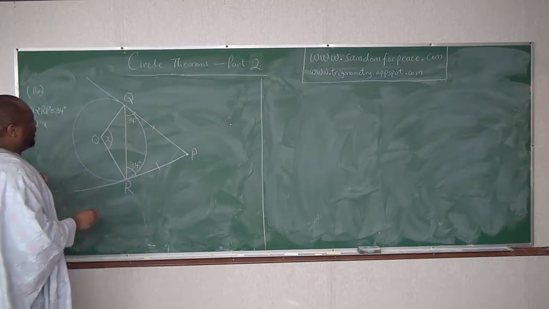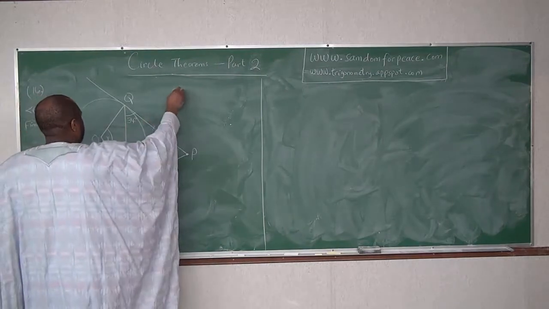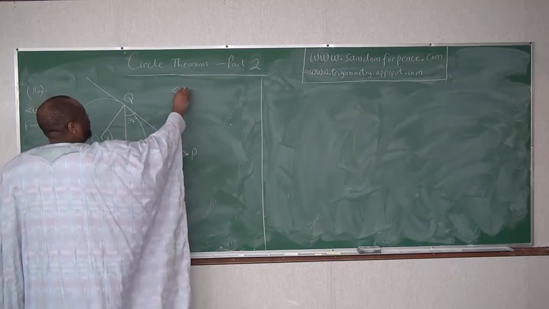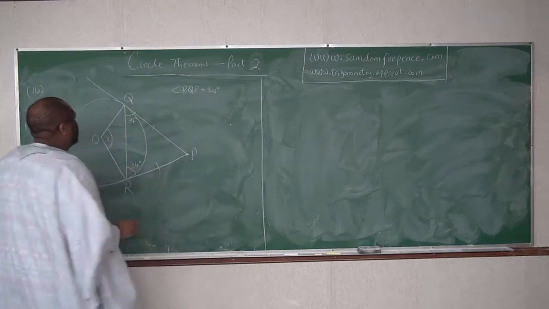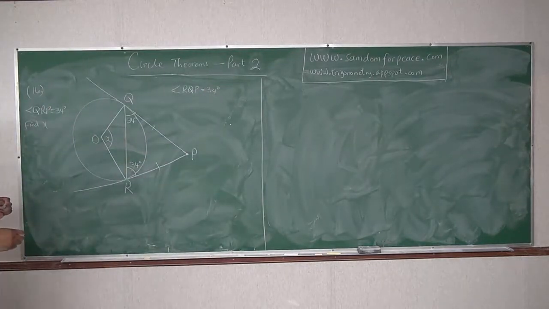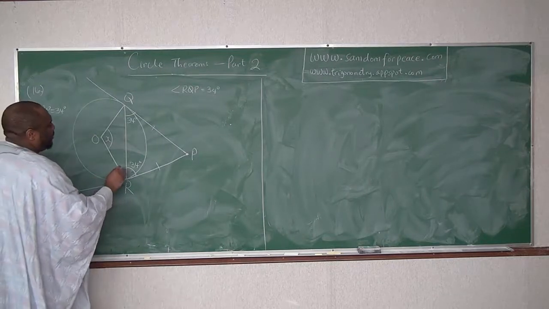So angle RQP is 34 degrees also. You can call them base angles of an isosceles triangle.